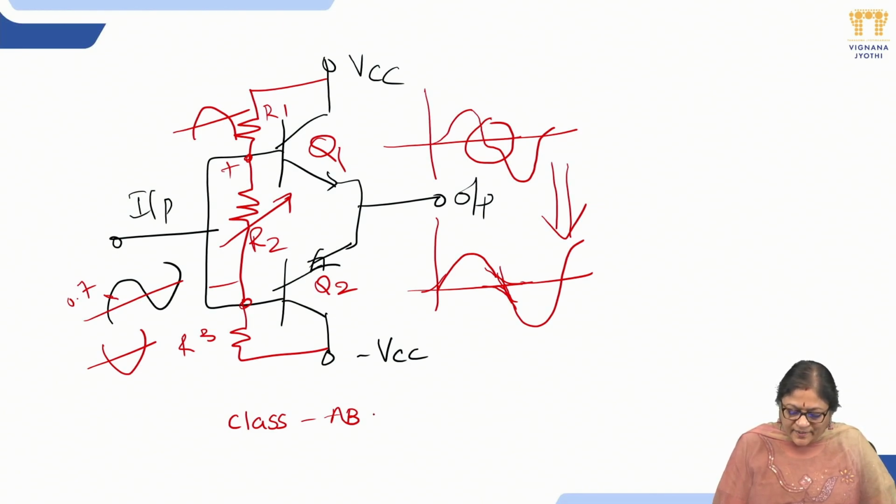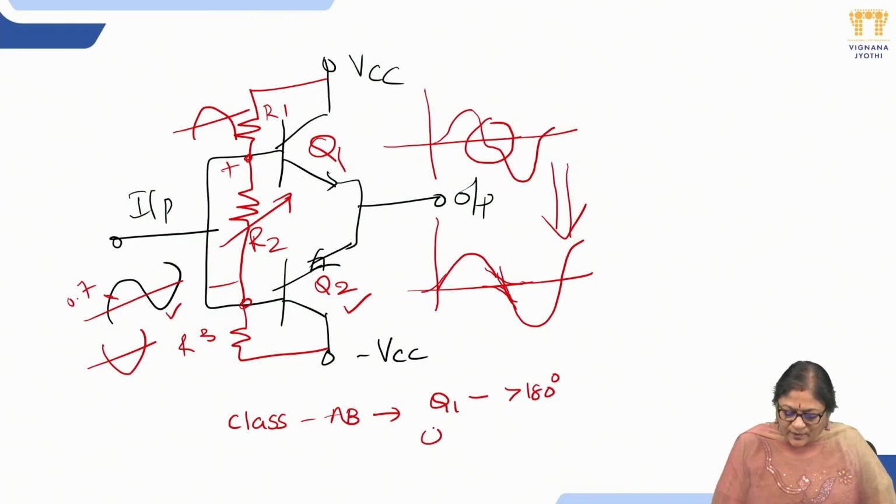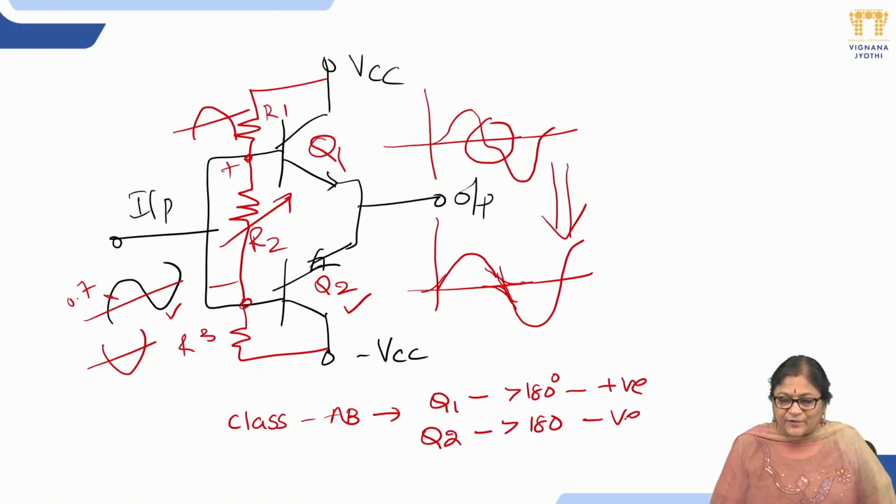So in this class AB, Q1 is operated for more than 180 degrees of conduction, because even before conduction there is a 0.7 voltage, and it starts conducting. Q2 also, before getting minus 0.7 from the input, is getting it through this extra network. So Q2 also is operating for more than 180 degrees, in the positive half cycle and in the negative half cycle.